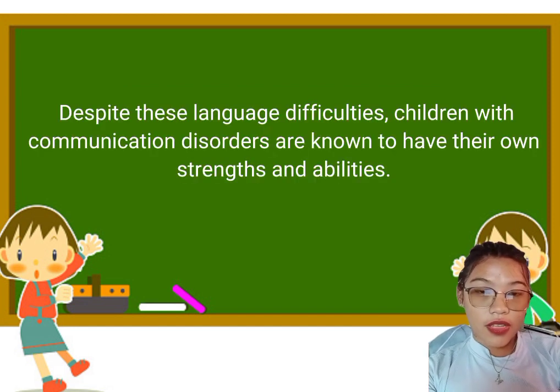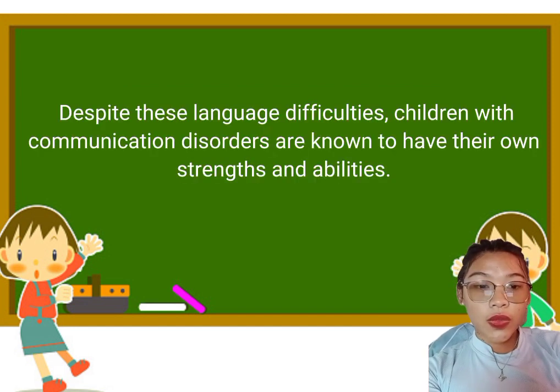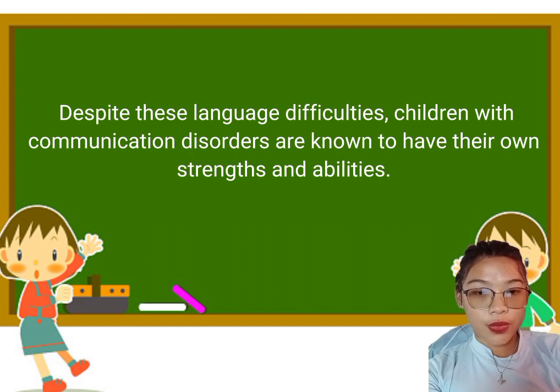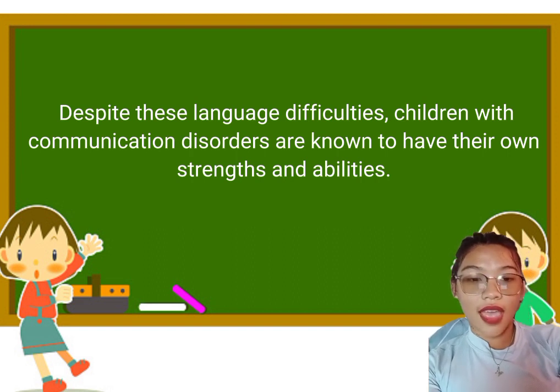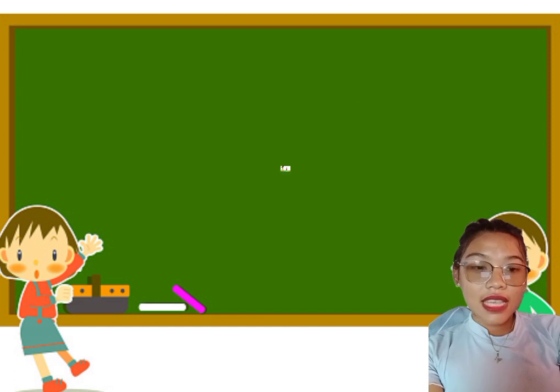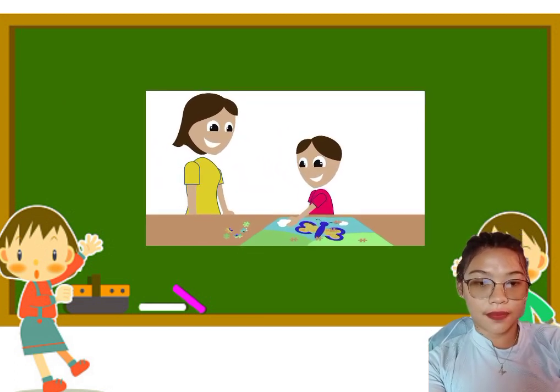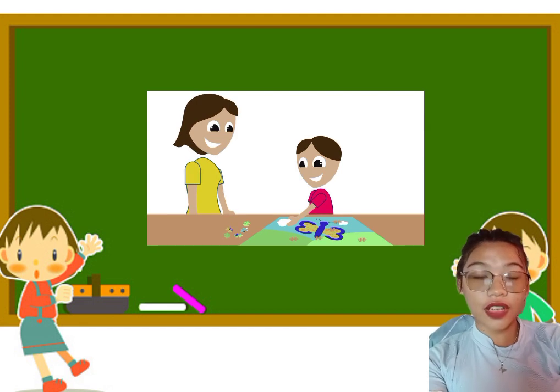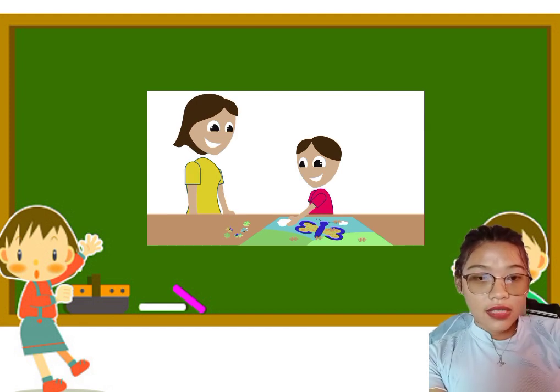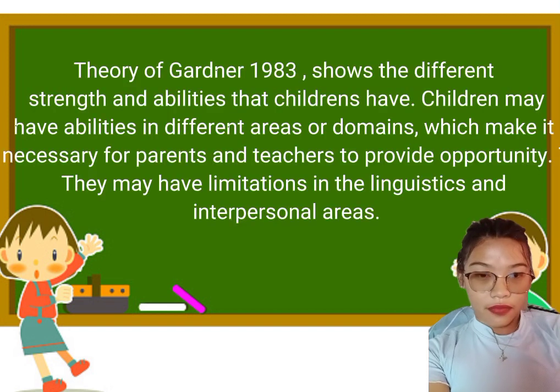Despite these language difficulties, children with communication disorders are known to have their own strengths and abilities. These can be best understood using the theory of multiple intelligence by Gardner, 1983, cited in Armstrong, 2012.